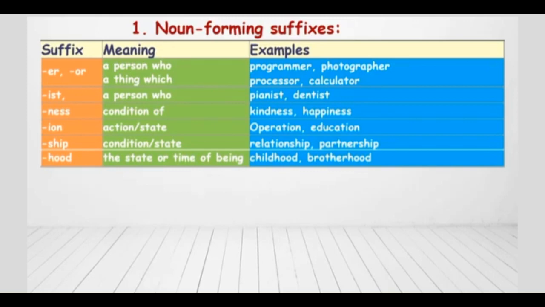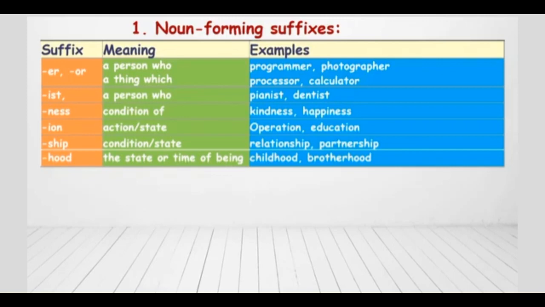I repeat: programmer, photographer, processor, calculator. You notice that these words end in ER or OR, and they describe people who or things that do things.